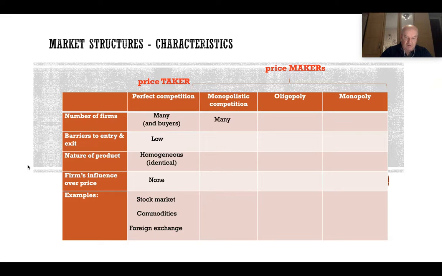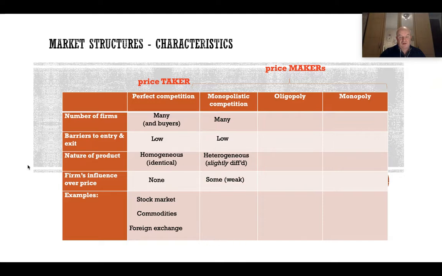If we take a look at monopolistic competition, then again, you've still got many firms. In this instance, again, you've got low barriers to entry and exit. There are some slightly differentiated products. Okay, so in a monopolistic scenario, you've got lots and lots of different types of firm within the market, and they are able to slightly differentiate their product from everybody else.